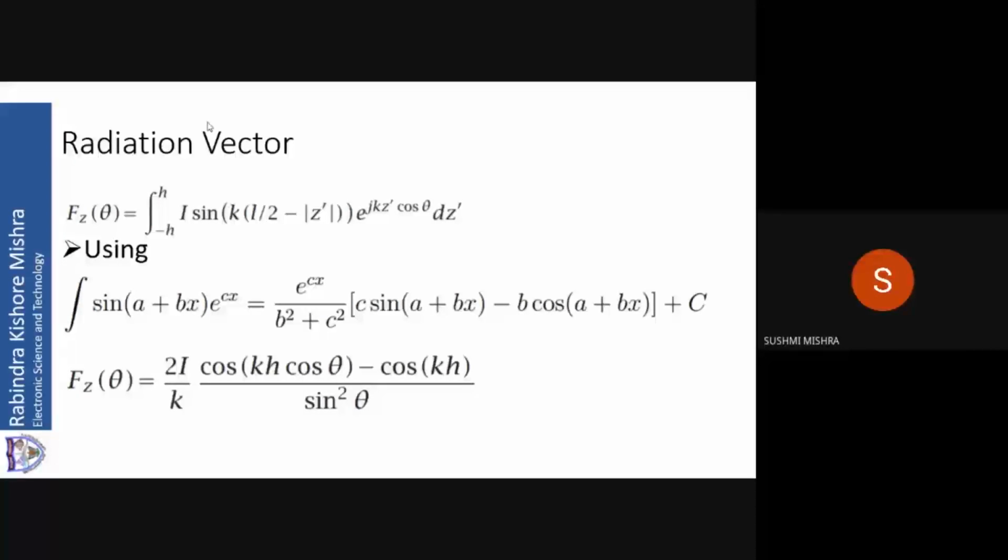Using this, Fz becomes 2I upon k cos kh cos theta minus cos kh upon sine square theta.